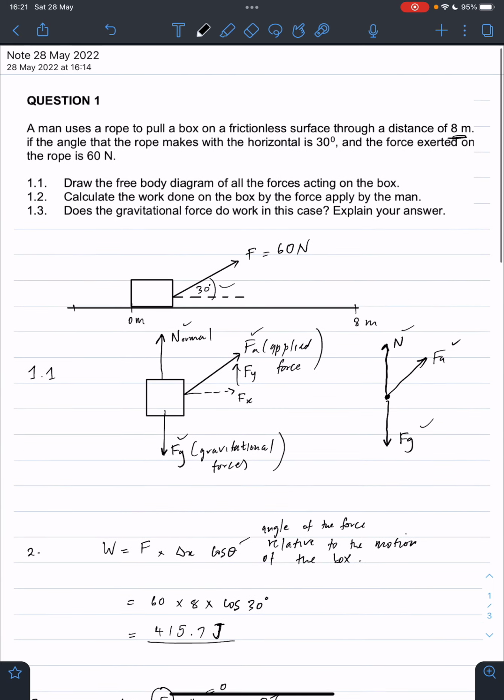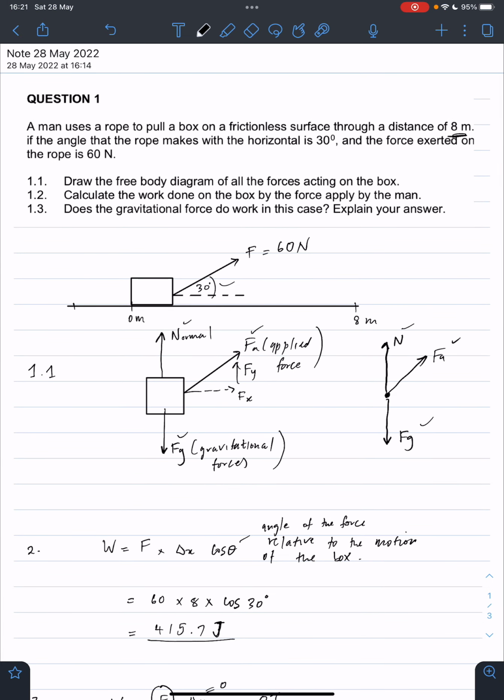So when we go back to this object, we know that it is only moving horizontally, meaning it can go either to the left or to the right. In this case, it's going to the right, and there is no up or down movement.